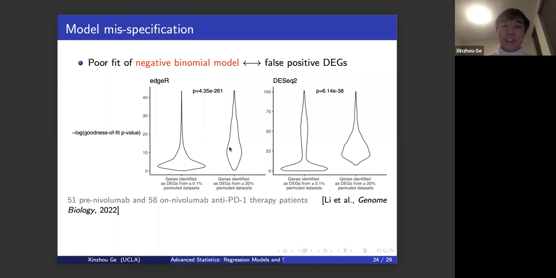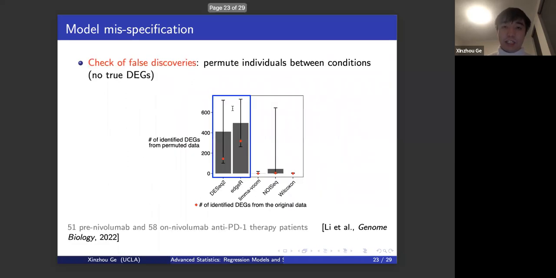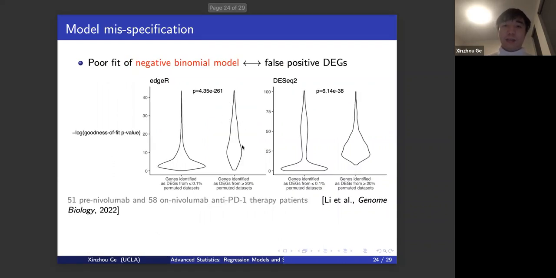And we find that these genes, which are frequently identified as DE genes on permuted datasets, have smaller p-values, which indicates that the negative binomial model does not fit for those genes. And this will lead to smaller p-values, and this will further lead to a large number of false discoveries.